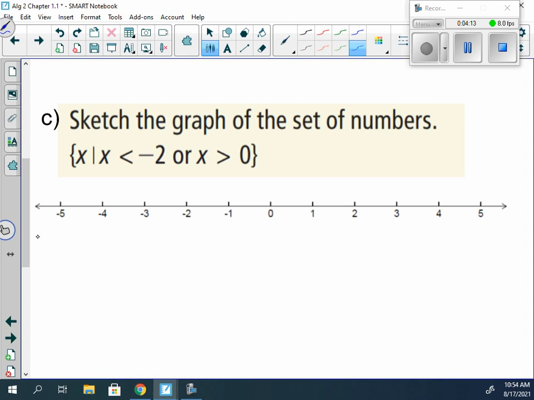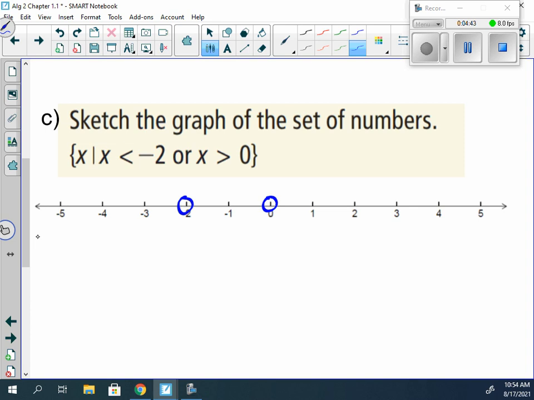So let's look at this one here. Sketch the graph of the set of numbers for this here. The set of all real numbers x such that x is less than -2 or x is greater than 0. So we have 2 spots at -2 and 0. Which one would we fill in?